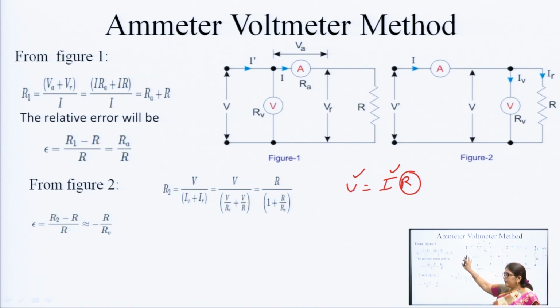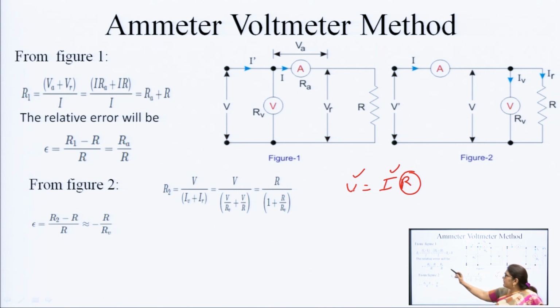So, this is a voltage source, and then a voltmeter, ammeter and the resistance. Suppose this is the unknown resistance whose value we want to measure, and the voltage across this resistance is VR. The current flows from the source through the voltmeter, the ammeter and then through the resistance.